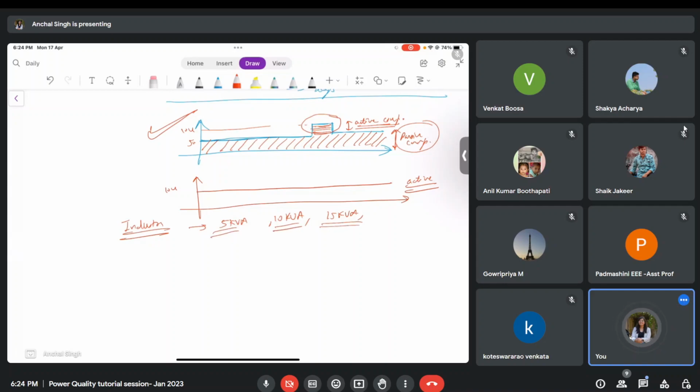Depending on the load profile at that company and the nearest sizing available with them, they prepare a quotation for that rating. That is how they propose to the industry that this much will be the cost of installing a hybrid filter, and if you want to go for completely active, then this will be the cost. Based on that quotation, the company decides which type of compensation they want.